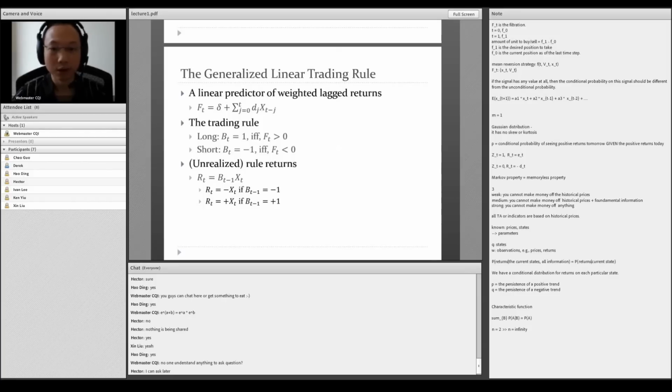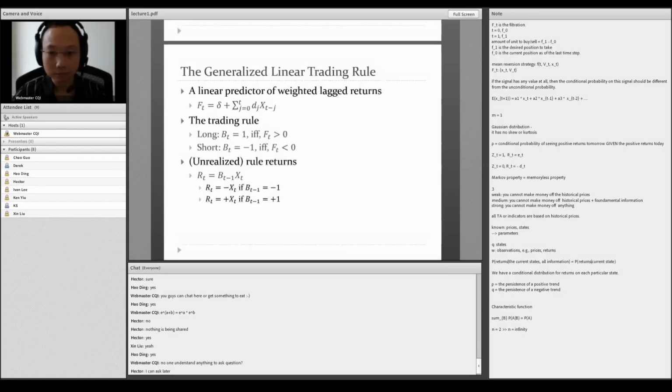But please remember from now on, XT is the returns of the assets, and RT is the returns of the strategies. So you see that a linear technical indicator is just a weighted sum of the historical returns, or the net returns, of the asset that you want to trade. And likewise, when this thing is positive, we buy, and when this thing is negative, we sell.